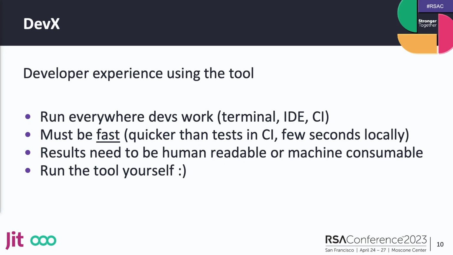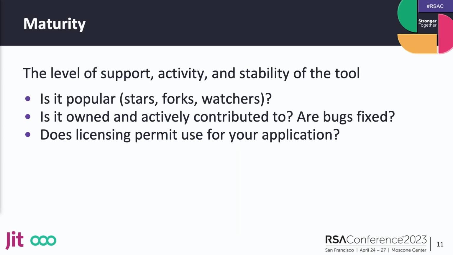And it needs to be machine consumable, because, as I said, you want to be able to integrate it in your CI/CD pipeline, and so you want to be able to automate and program against the results of the tools. That's really important. And at the end, run the tool yourself before you introduce it in your pipeline, and make sure that it works correctly with all the different things we talked about.